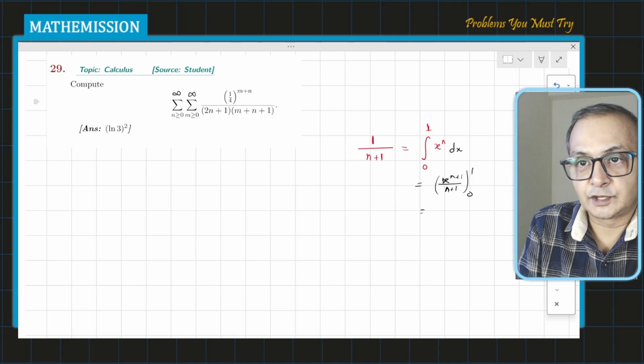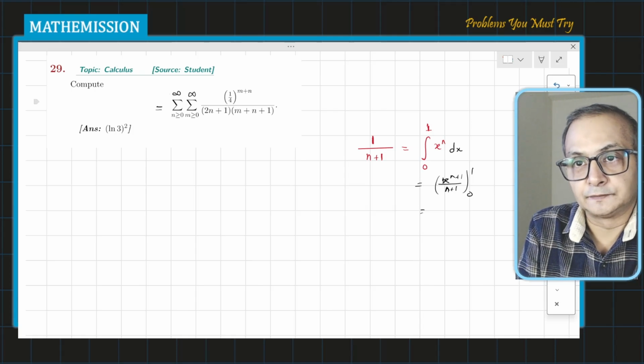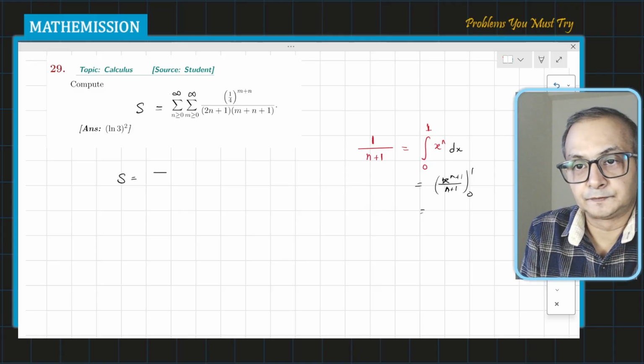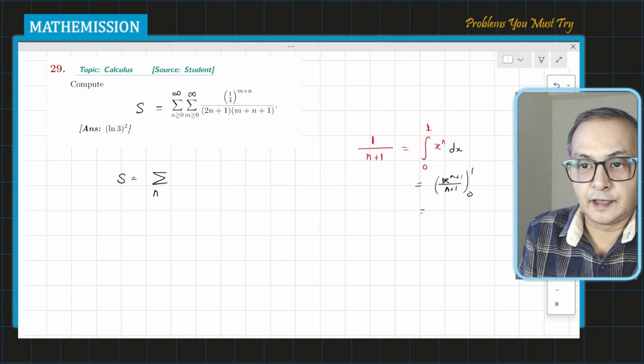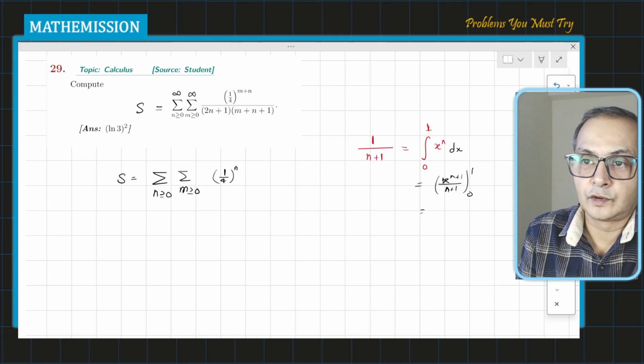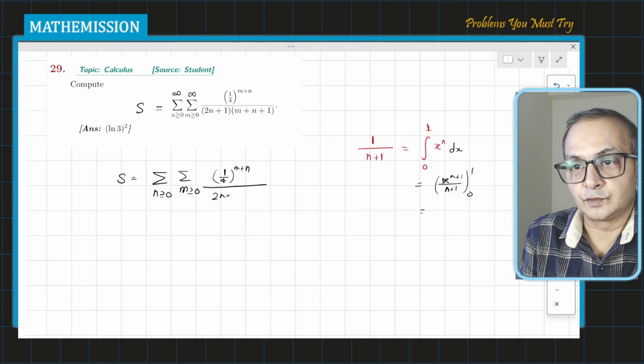So let's call this expression the summation. The summation we have is the sum with n going from 0 to infinity, and m going from 0 to infinity, of 1 by 4 to the power m plus n, with denominator 2n plus 1.